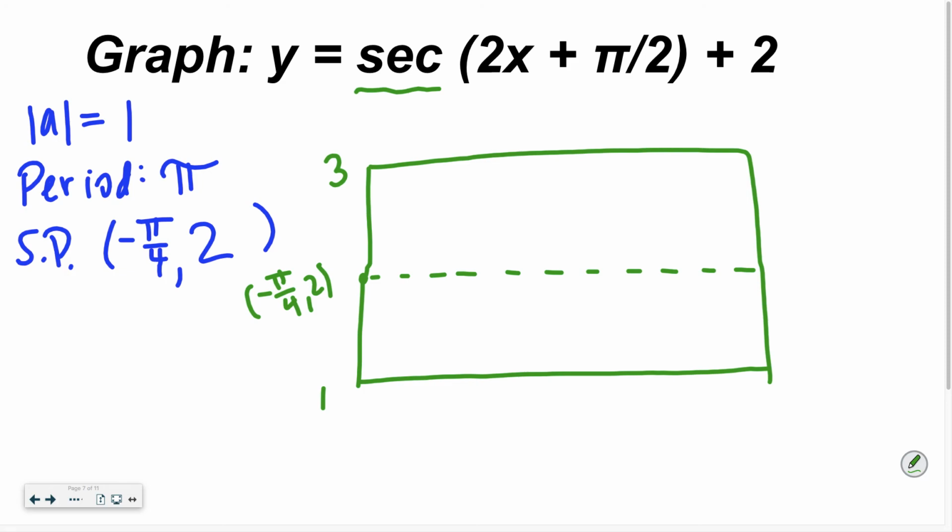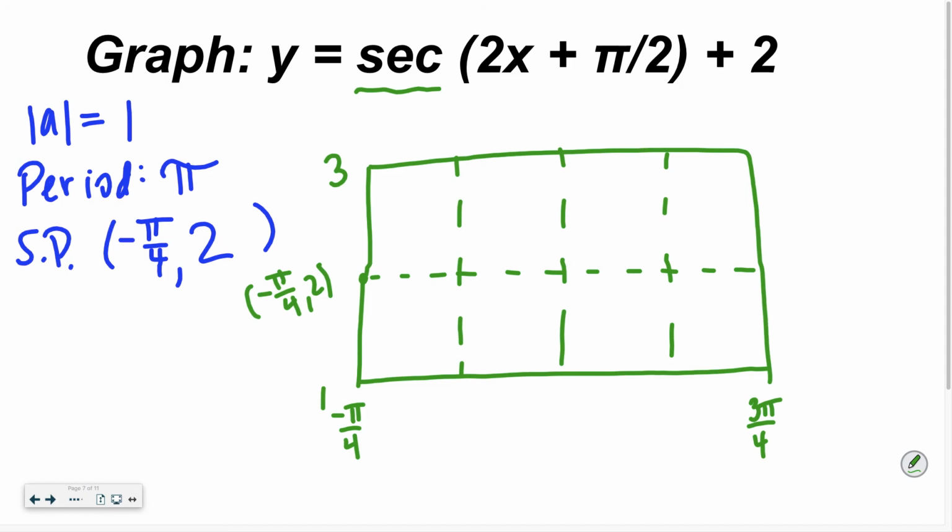Okay. If our period is pi and we're beginning at negative pi over 4, when we add pi, where would we end up? 3 pi over 4. If you're at a fourth of the period every time kind of person, then a fourth of the period is pi over 4.